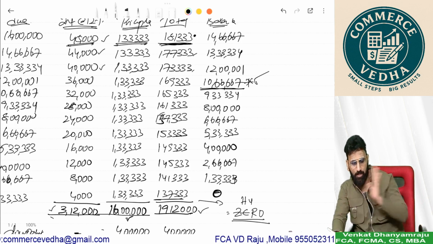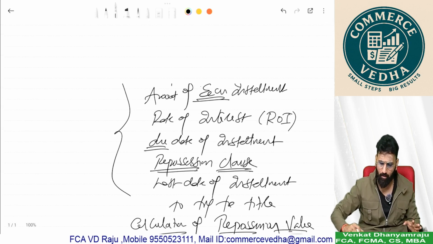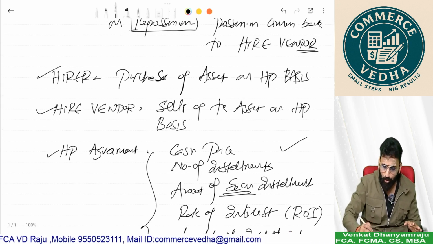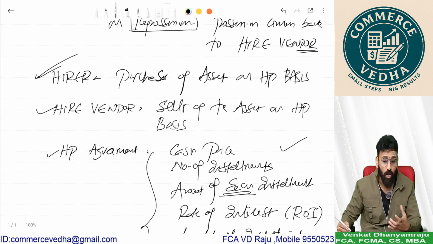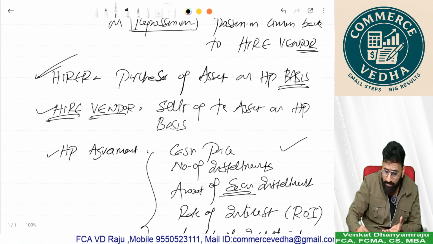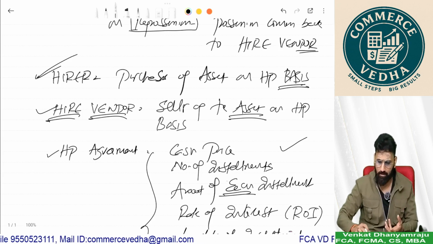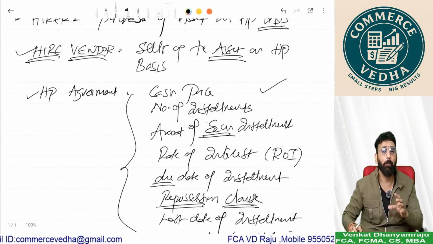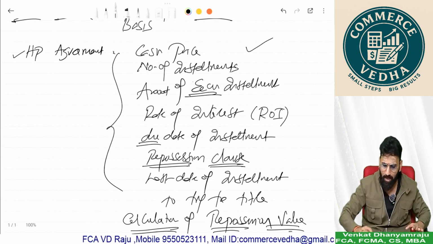And the important concepts to be remembered are what? Who is the hirer? The guy who purchased the asset on hire purchase basis. Who is the hire vendor? The seller who sells the asset on hire purchase basis. What is the cash price? The price paid immediately. What is the hire purchase price?